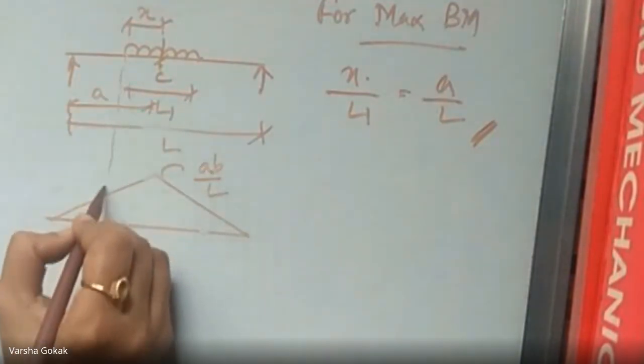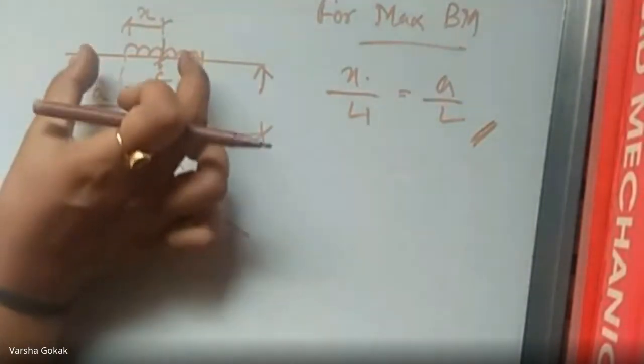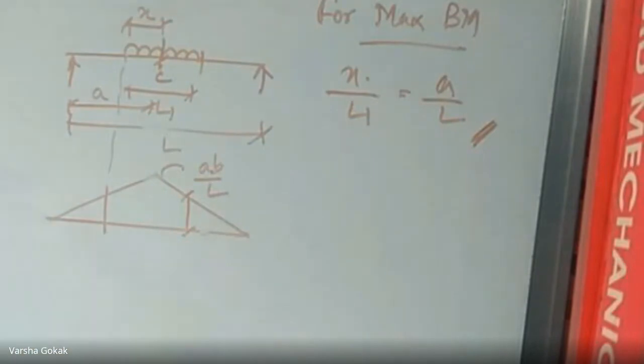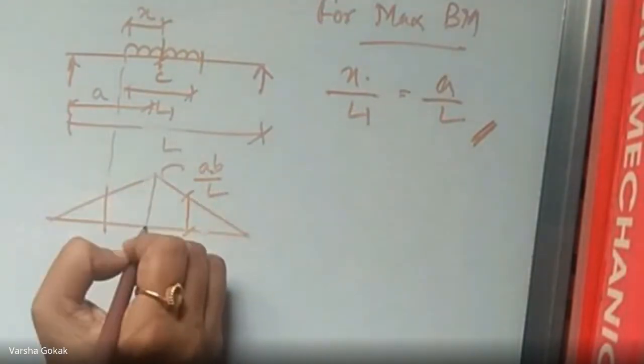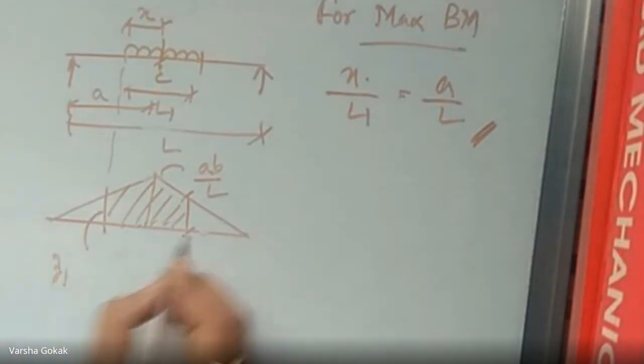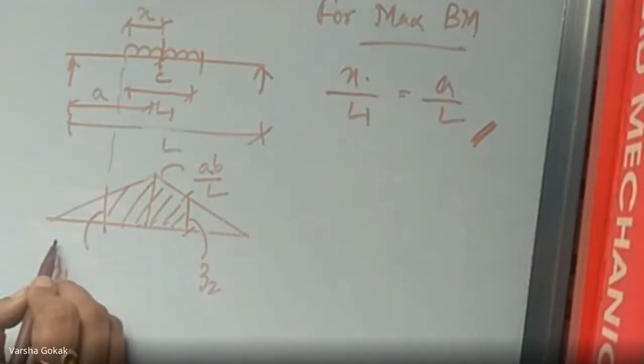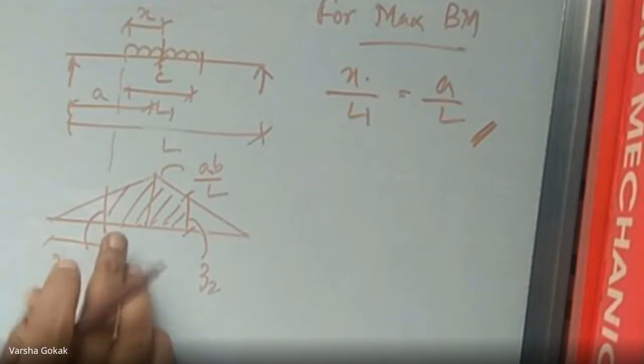And I have to drop these two from the different ends of the UDL in this pattern, and the area of this is going to fetch me the maximum bending moment, for which I need to calculate Z1 and Z2 again, right? So to calculate Z1 and Z2, the distances are what?